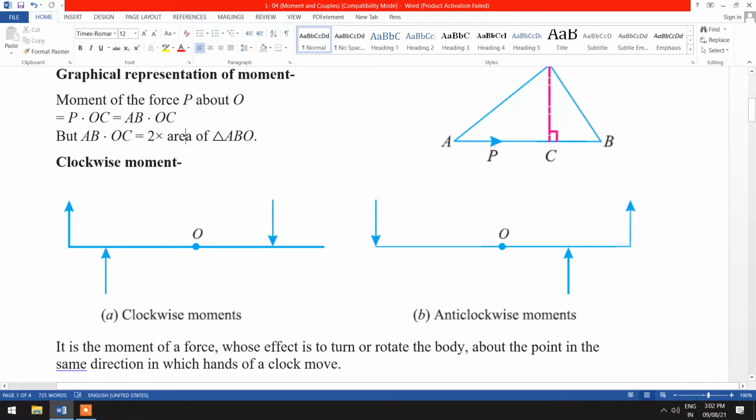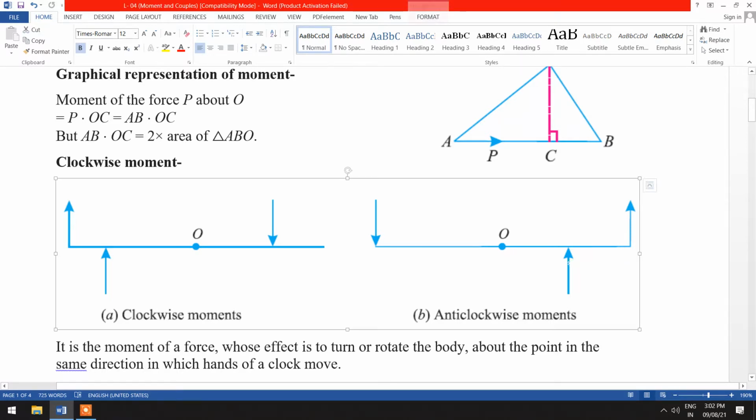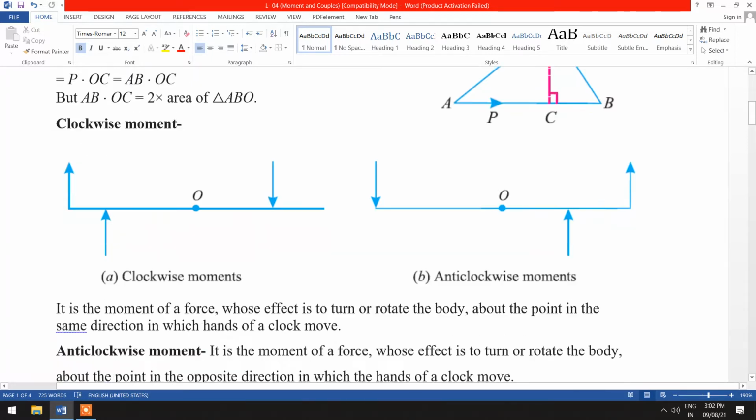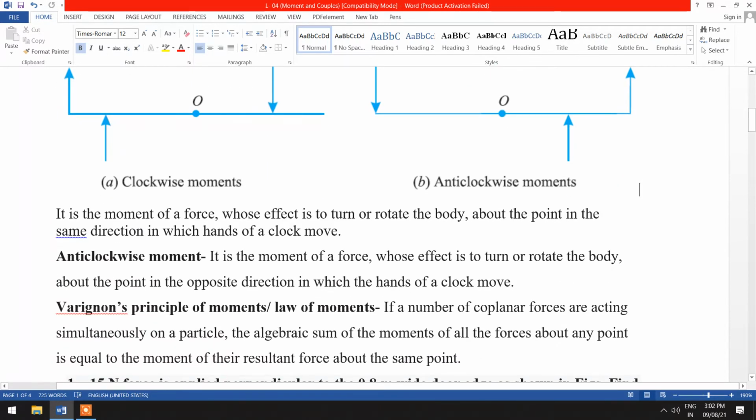Similarly, for the anti-clockwise moment, if the force acts on the opposite side of the point O, it will try to rotate in the anti-clockwise direction. So this will be the anti-clockwise moment, and we represent it with a negative sign.